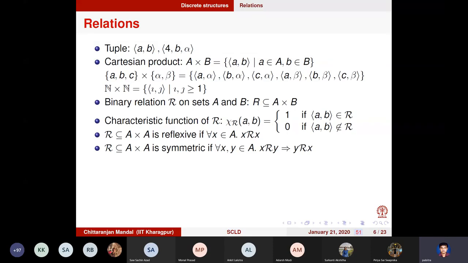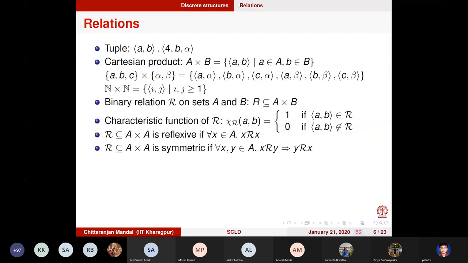If you pick up any two X and Y, and I find that X is related to Y, then definitely we can say Y is also related to X. If they're not related, I cannot say anything. If this is true, then I call the relation symmetric. The divisibility relation is not symmetric. If A divides B, it doesn't mean that B divides A.